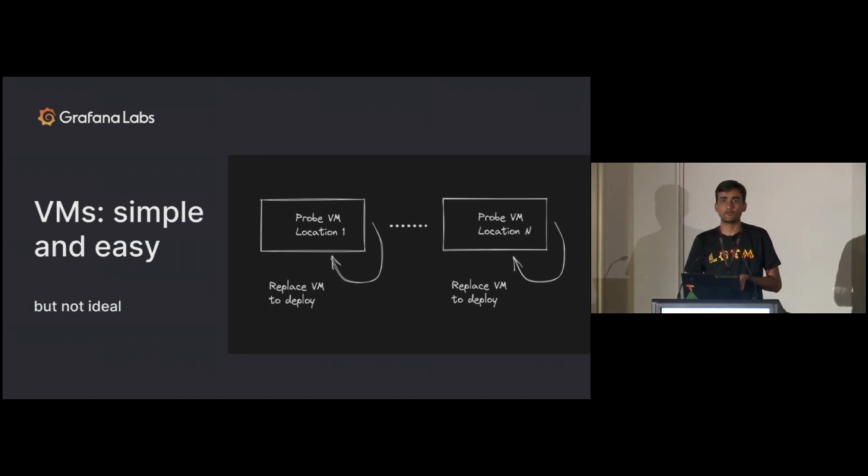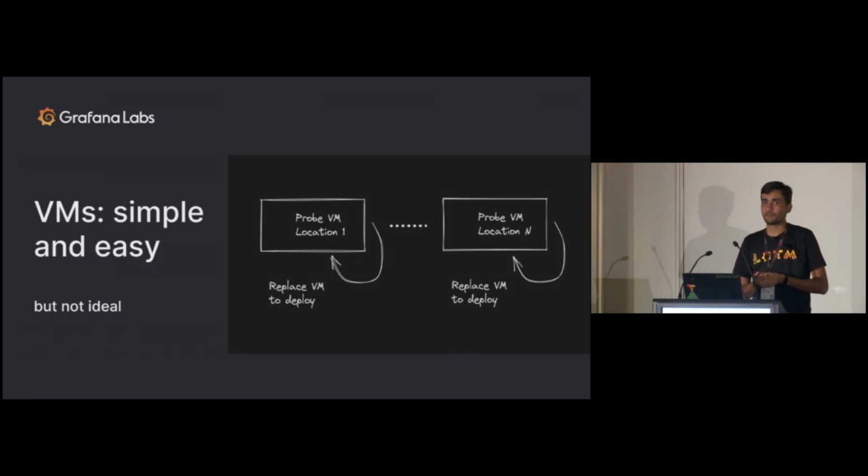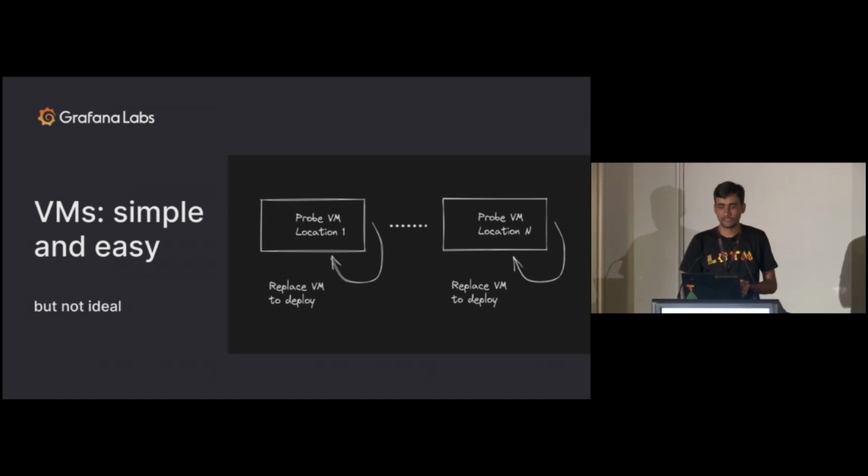You'll see a slight downtime, and the IPs of these VMs will also change, right? Our customers use these IPs to allow list that it's our product pinging them and not someone else. So that was also a bigger problem.